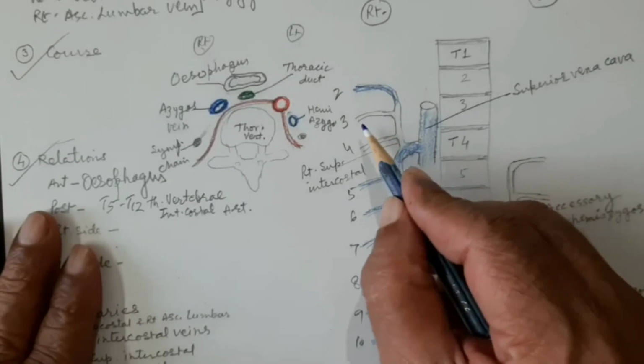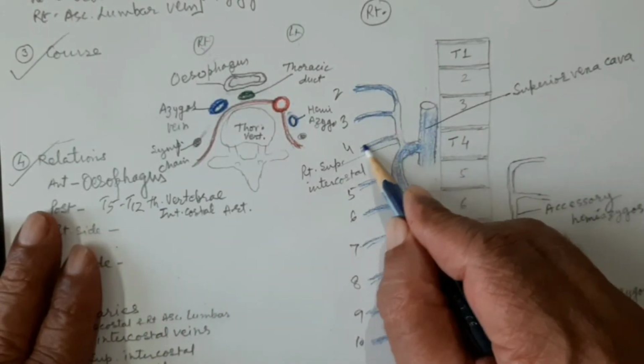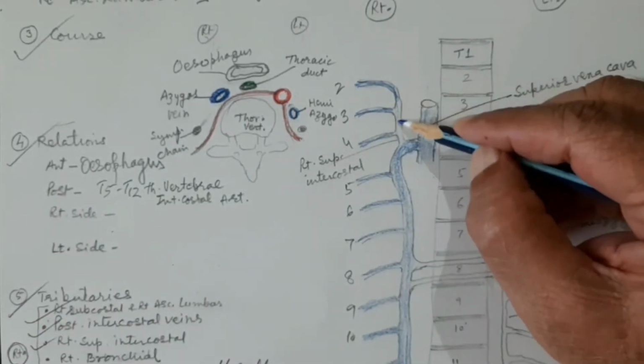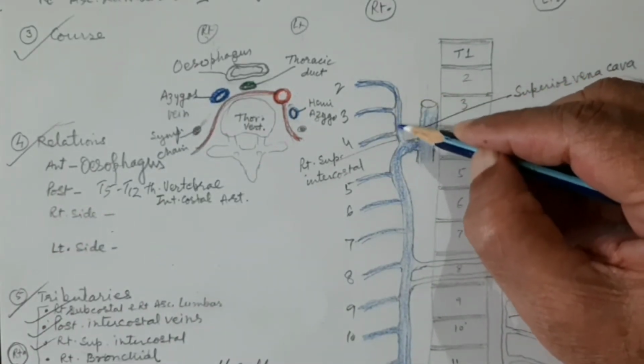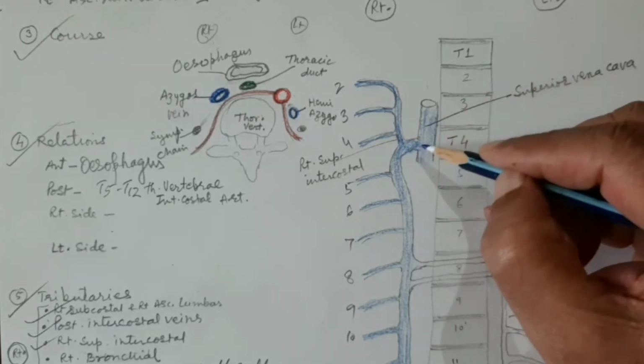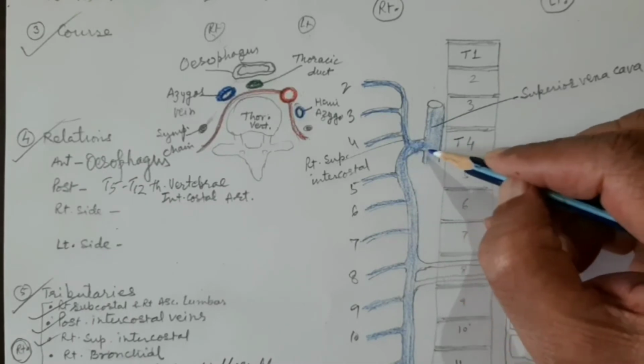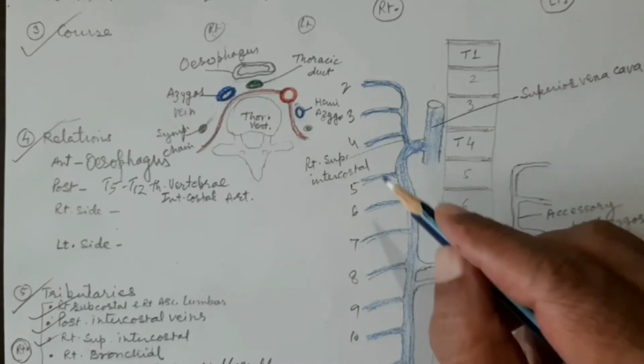So the right posterior intercostal second, third and fourth, all three will unite to form a vein here which will open into the arch of the azygos vein before it goes to the superior vena cava, because it forms an arch and goes to the superior vena cava.